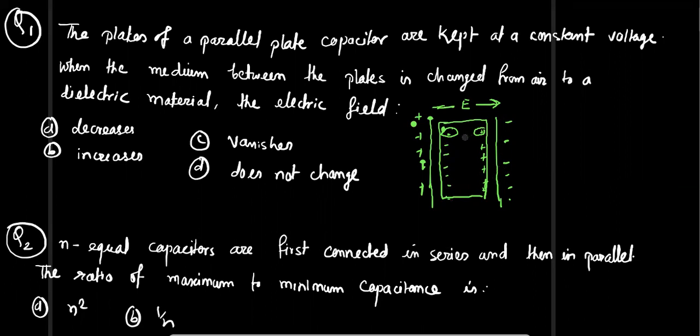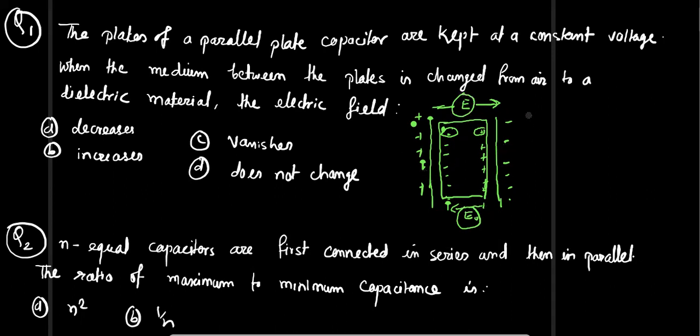This is due to the displacement of the poles, or the dipole nature of the molecules of the dielectric. So inside the dielectric an electric field is set up, and this electric field tries to reduce the electric field applied by the source.